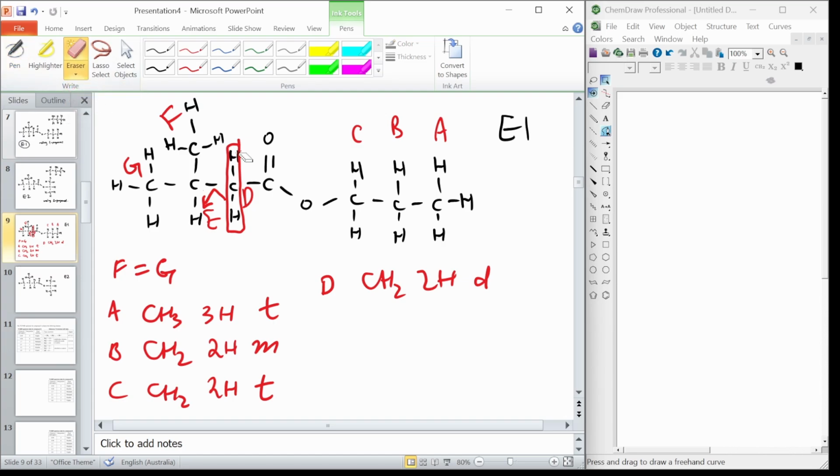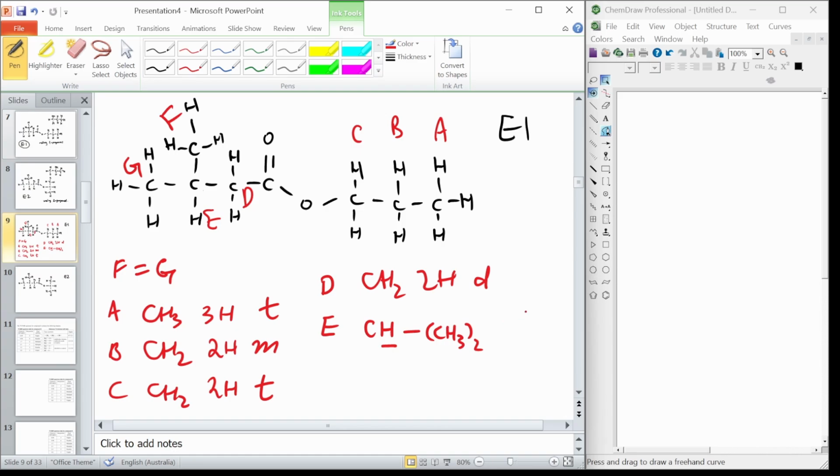Okay, so we're going to go to E. The way we're going to draw this is like this, so it's very clear which carbon each hydrogen belongs to. Now, as you can see, it's very evident that F and G are the same thing.